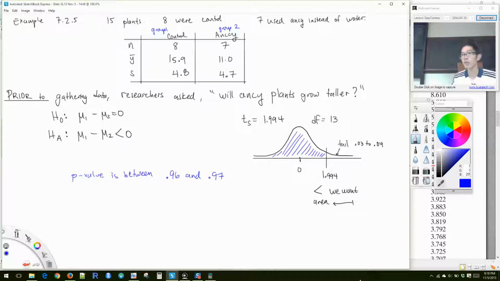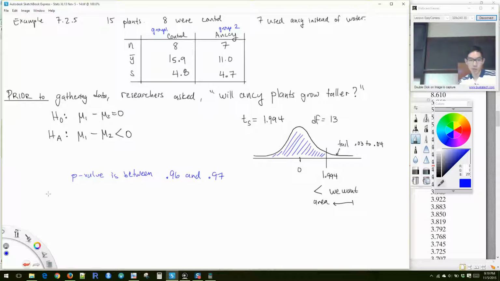Prior to gathering the data, the researchers asked, will ANSI plants grow taller than the control plants? When we look at our data, what do we see? We see that the ANSI plants are shorter than the control plants. So are we going to have any evidence to support this notion here?